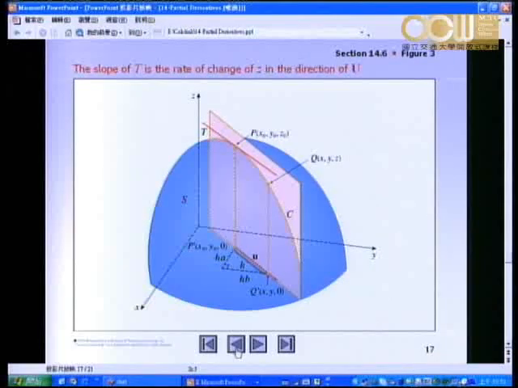Now what you do is you slice the surface with this yellow plane, which is perpendicular to the xy plane, has the direction given by u, and passes through P. If you slice the surface with this plane, you will get a space curve C. The meaning of the directional derivative is the slope.